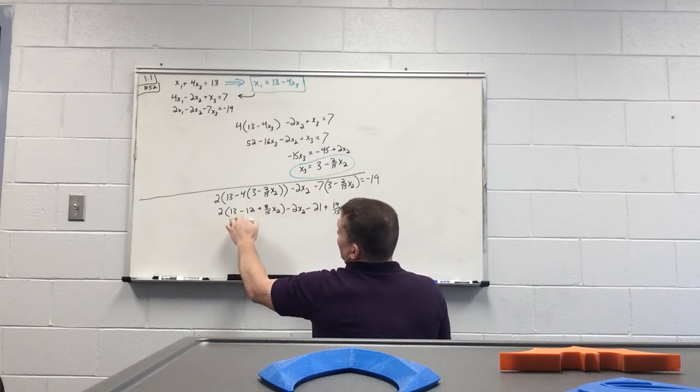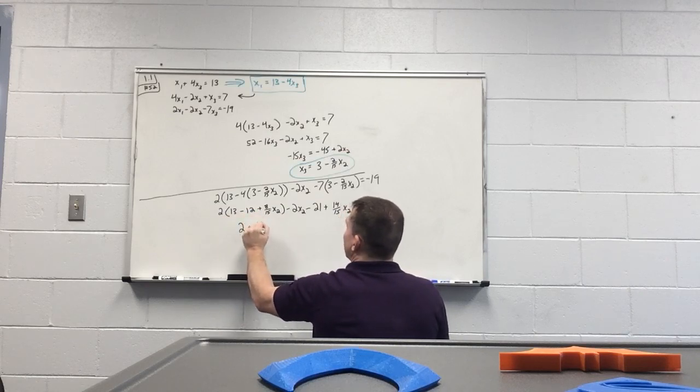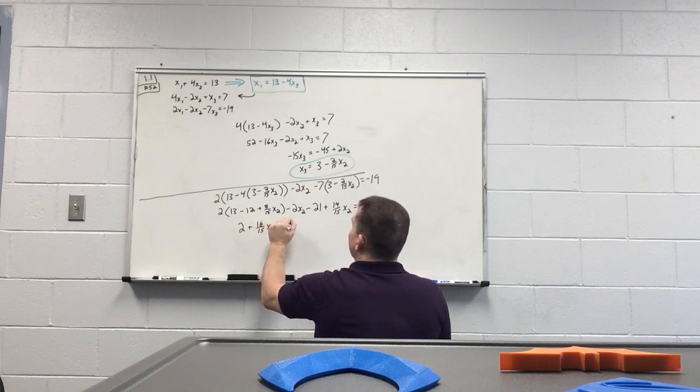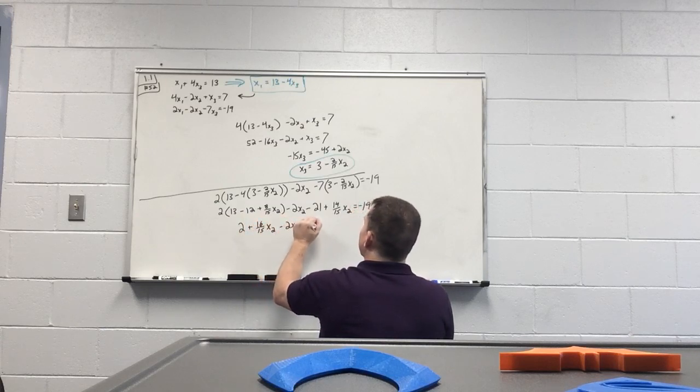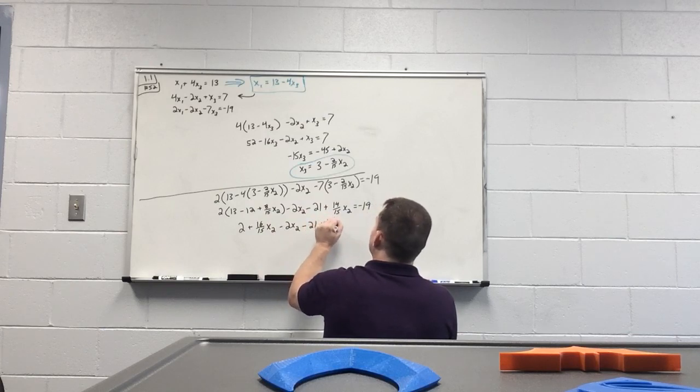Distribute here. 13 minus 12 is 1 times 2, that's 2. Plus 8 times 2 is 16/15 x sub 2. Minus 2x sub 2 minus 21 plus 14/15 x sub 2 equals negative 19.